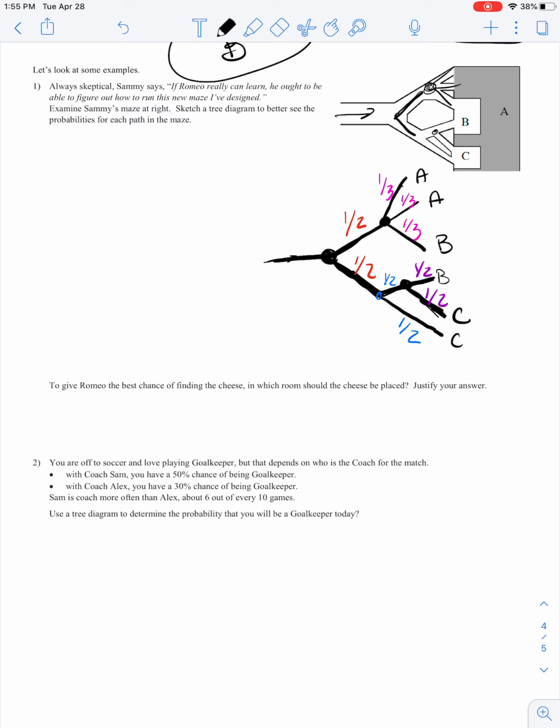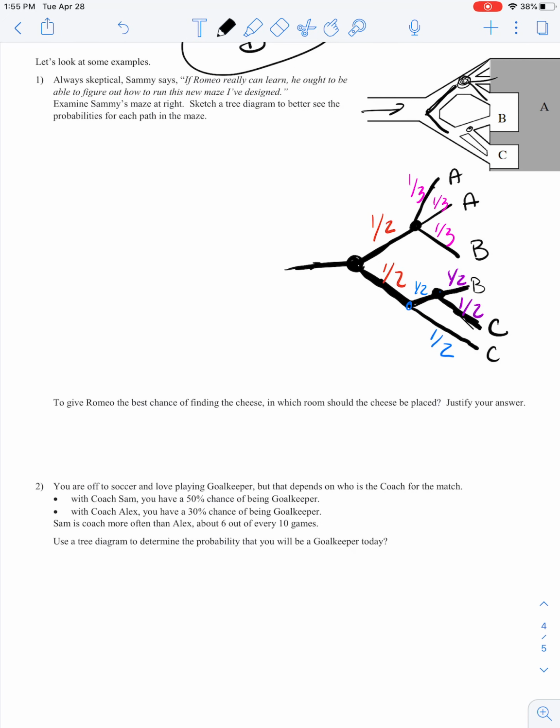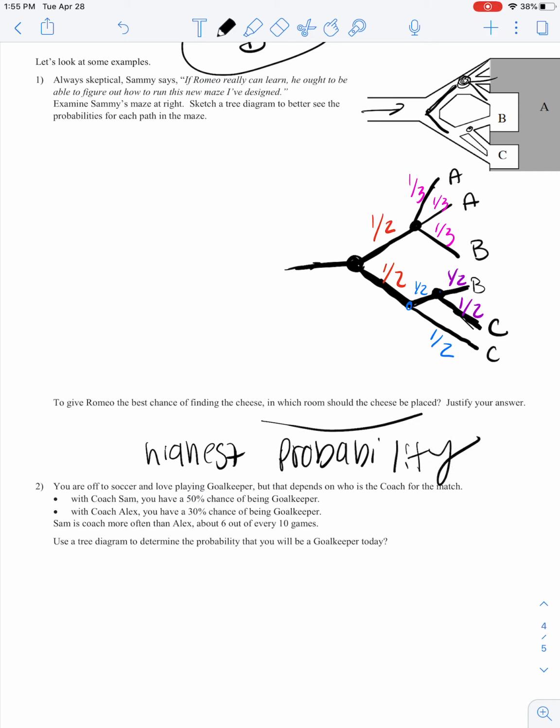To give Romeo the best chance of finding the cheese, in which room should the cheese be placed? Justify your answer. So we are finding which room has the highest probability of him going into. So we need to actually find the probability of him making it into each room. So let's just go ahead and make a table of all the options, and then we will be able to pick our answer at the end.